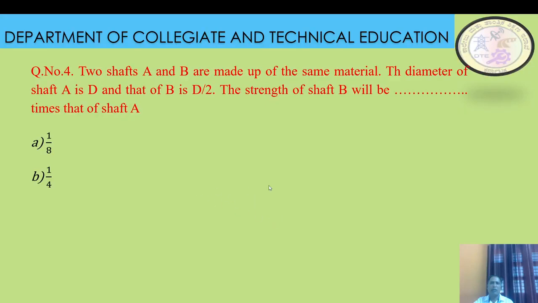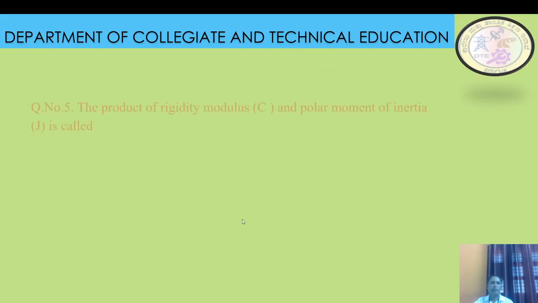Therefore the torque transmitted by shaft B divided by torque transmitted by shaft A, T B by T A, will be D by 2 cube divided by D cube. So after solving that one, we get the answer A, that is 1 by 8.